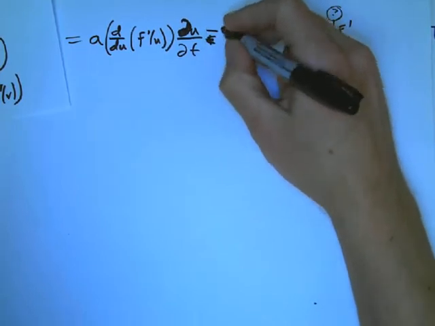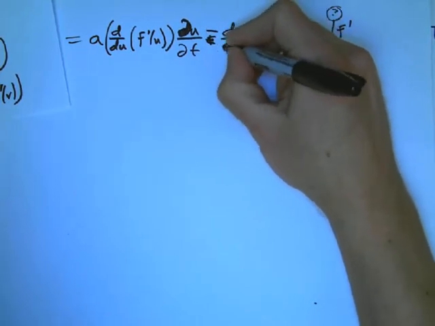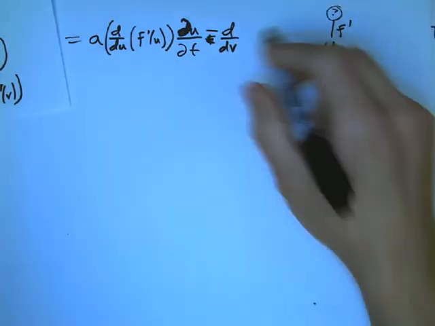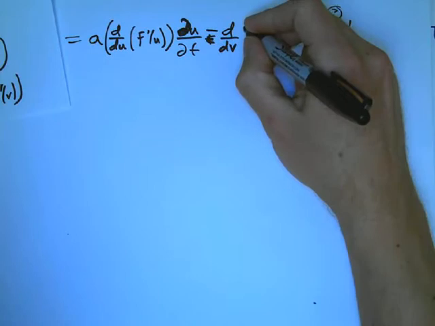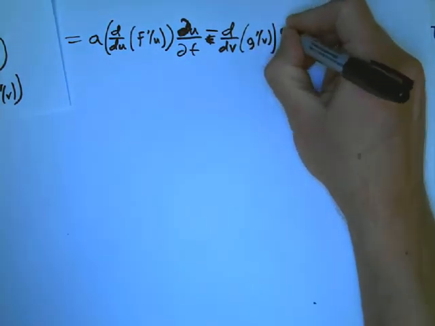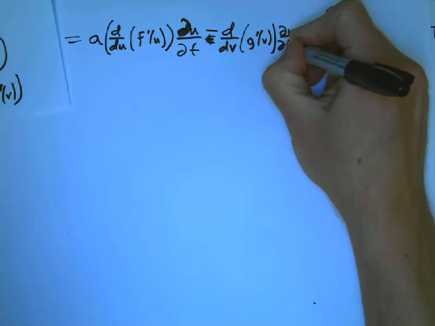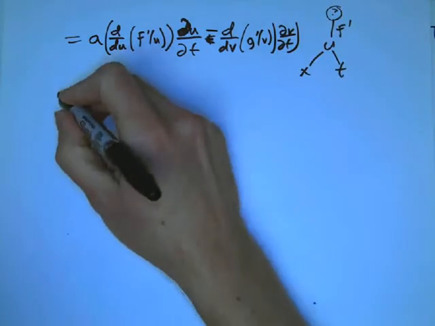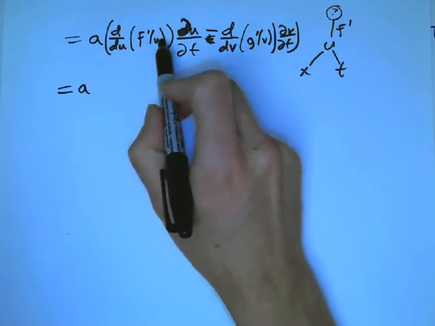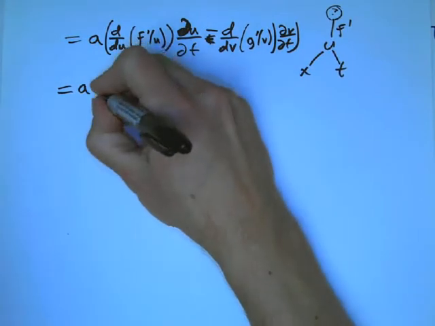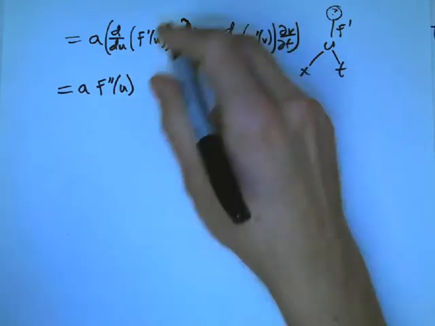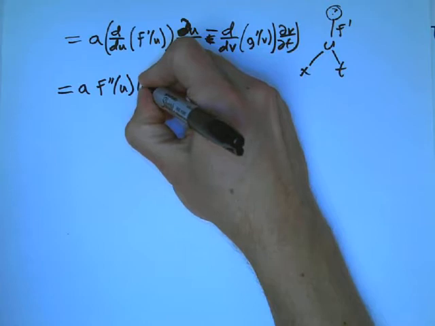And then the other one, coming from d by dt of g prime, the a is an overall factor. Oh, and that's minus, very sorry. Minus d by dv, because g prime only depends on v, d by dv of g prime of v times partial v, partial t. Well, if this was already a first derivative, and you're taking another ordinary derivative, that's just f double prime.